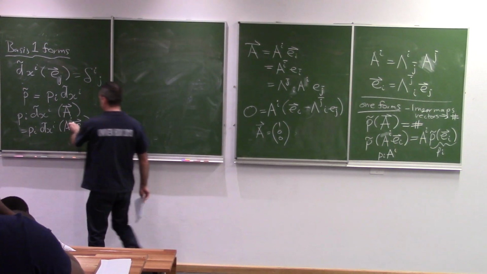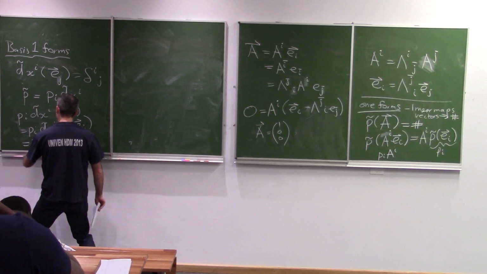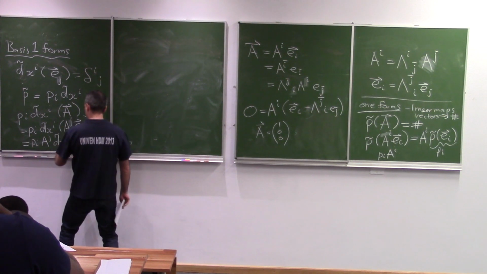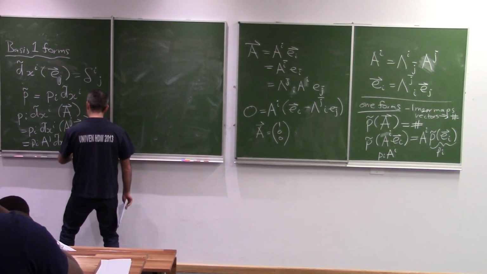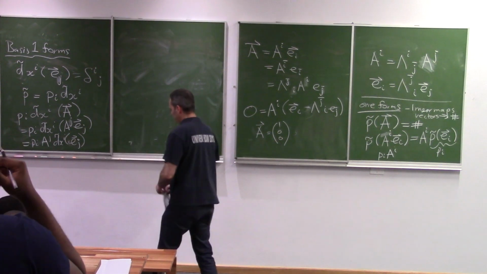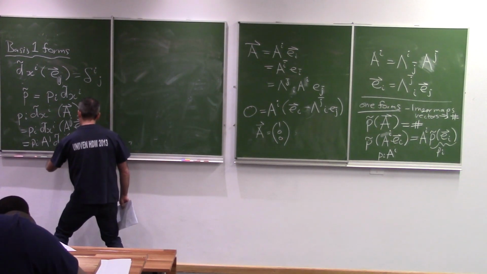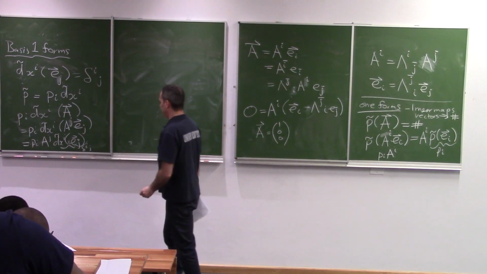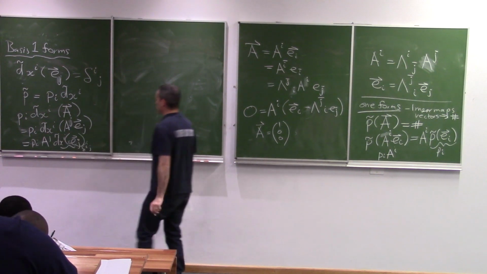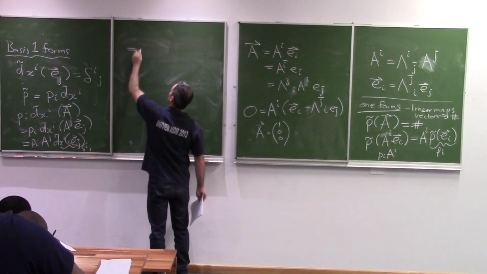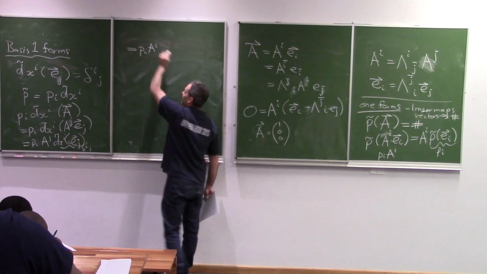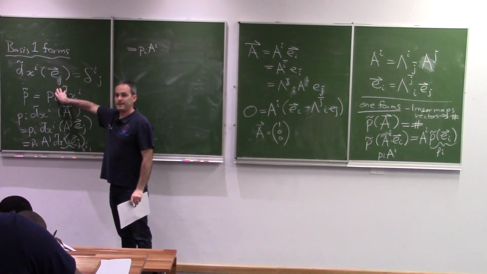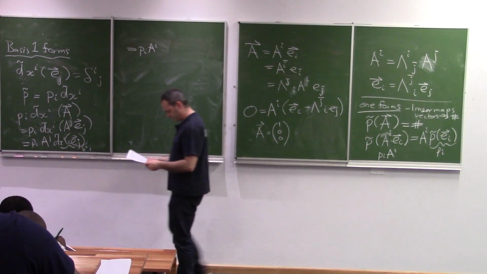Because this is a linear map, I can take that out. So it's p_i a^j dx^i acting on e_j. Then this is nothing but the Kronecker delta ij, and so that collapses the sum, and I'm once again left with p_i a^i. So that shows you how this is a good basis for the one forms.